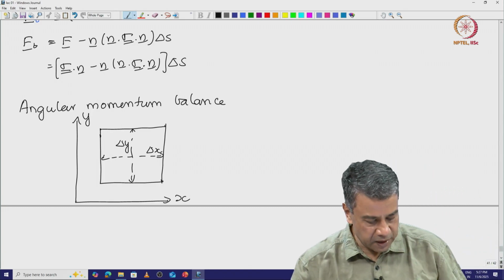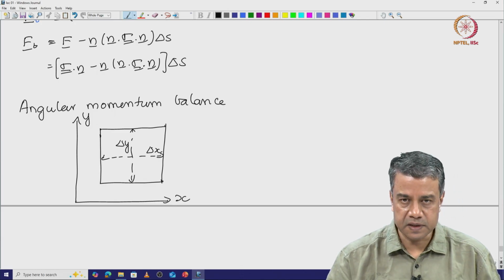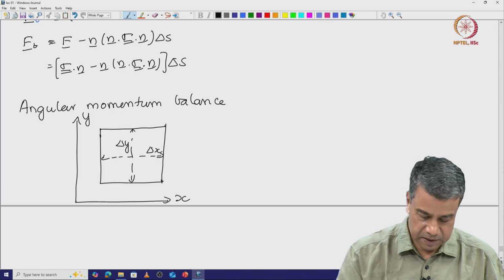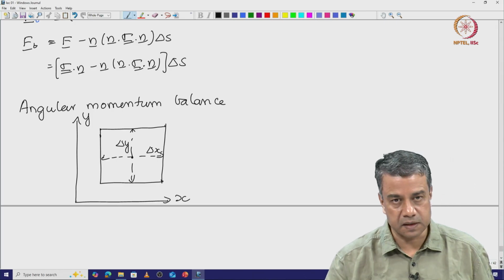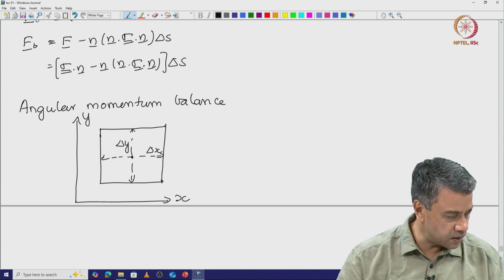And let us look at a momentum balance for this. So, at these 4 surfaces perpendicular to the z axis, the z axis is in this direction, perpendicular to the plane. In these 4 directions, let us look at what the stresses are.